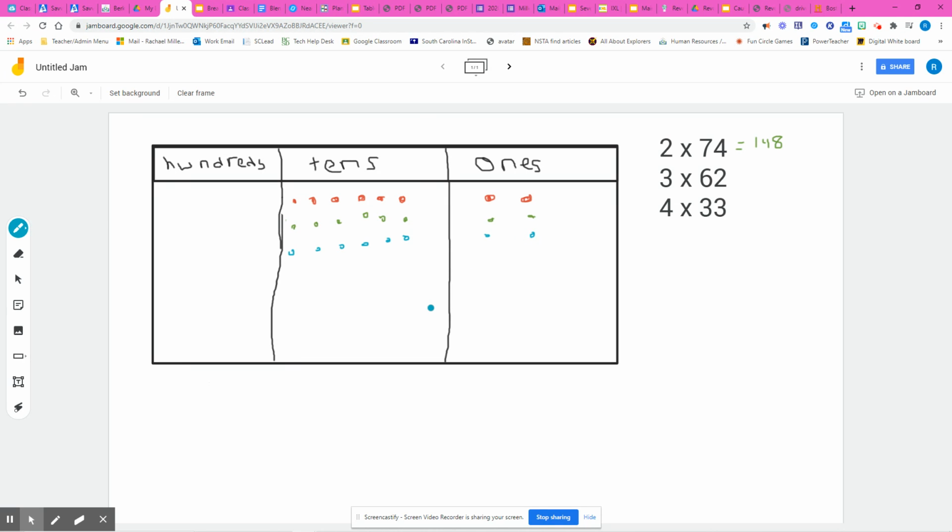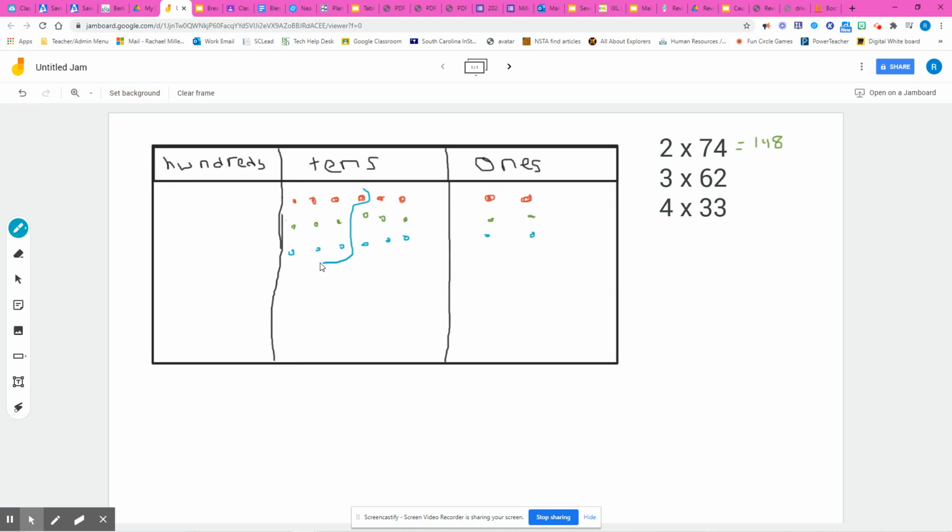All right. Now we know if we have a group of 10 tens, we need to cash it in for 100. And if we have a group of 10 ones, we need to cash it in for 10. So let's count how many we have. 3, 6, 9, and then that's a 10.